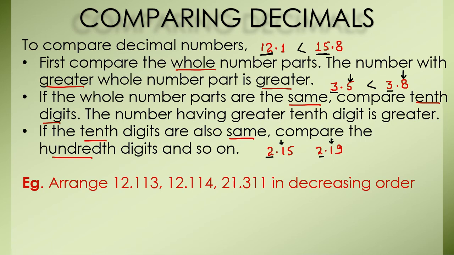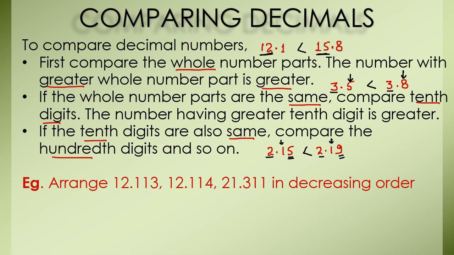So we have to compare the hundredth digit. So in the first number the hundredth digit is 5 and in the second number the hundredth digit is 9. As 9 is greater than 5, which means 2.19 is greater than 2.15. Similarly, we can compare decimals with larger places also.